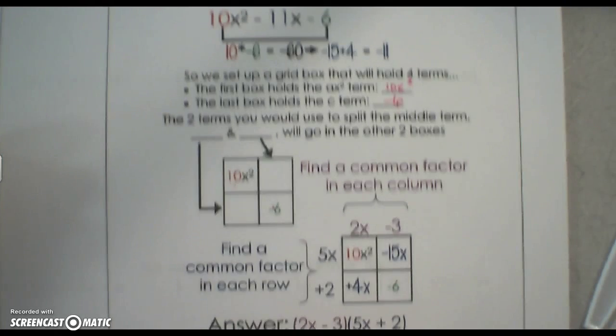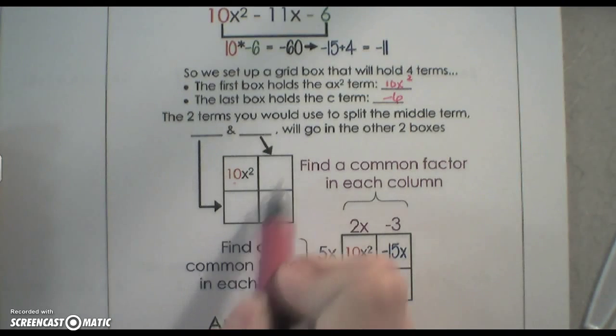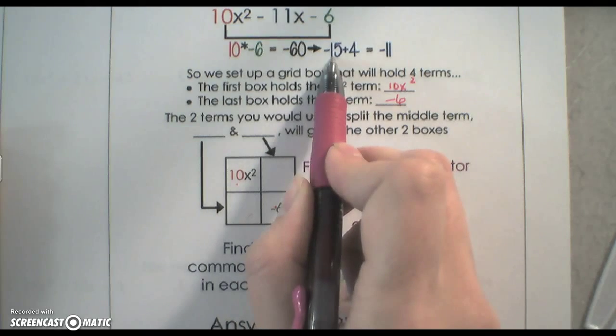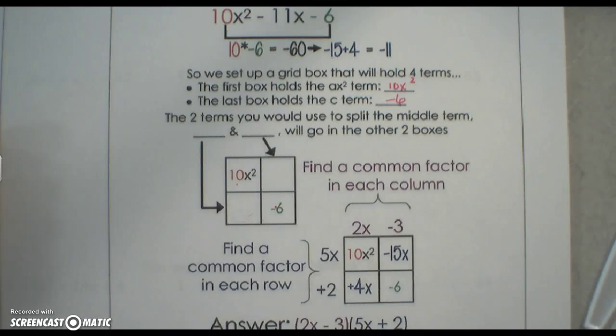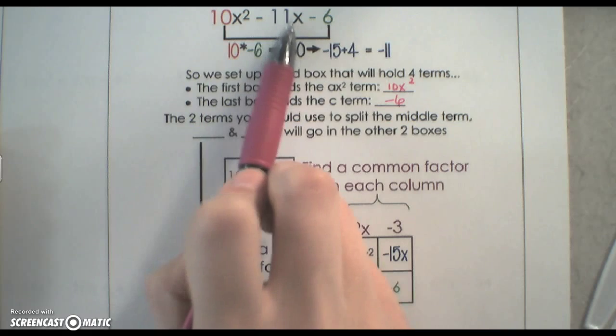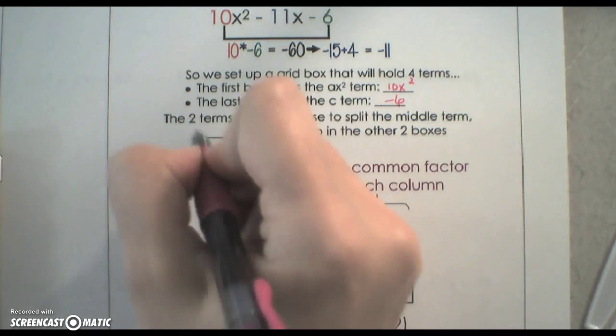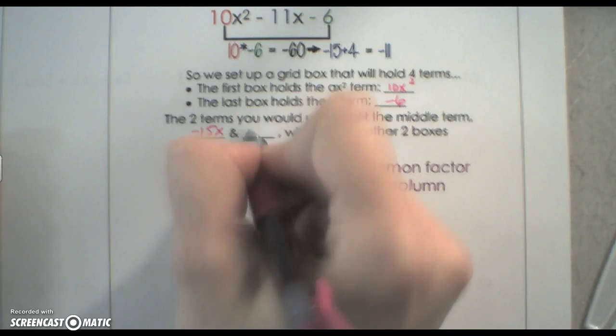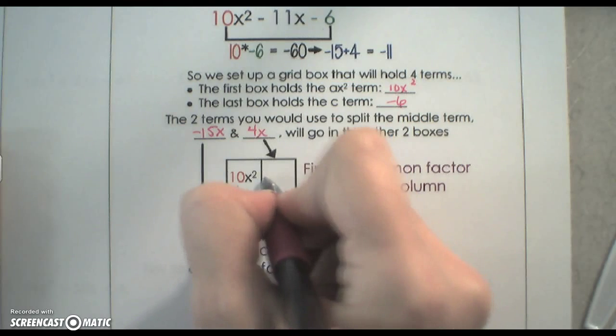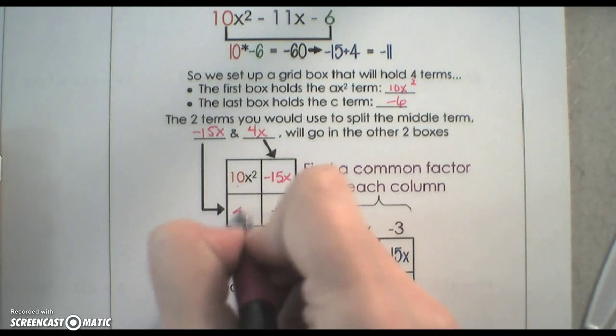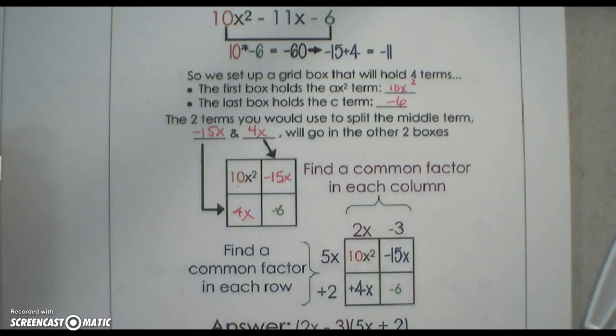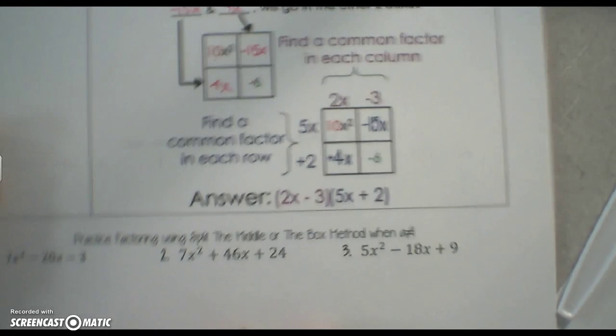So that goes down there. And then our 2 terms are going to go in here. Well, it's -15 and 4. But again, we're splitting this middle, so we need to have an x that goes with them both. So -15x and +4x. And it doesn't matter which one you put where, which is nice. You can just fill them in. So here it is all filled in.